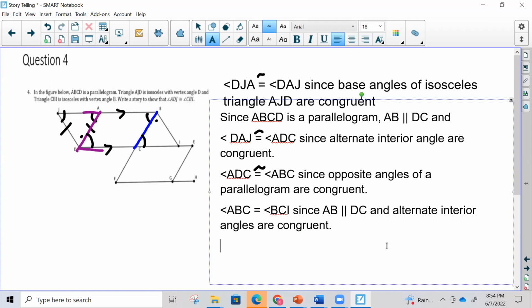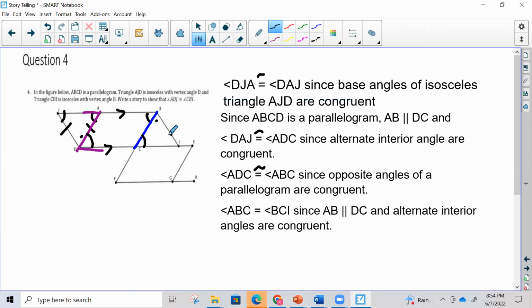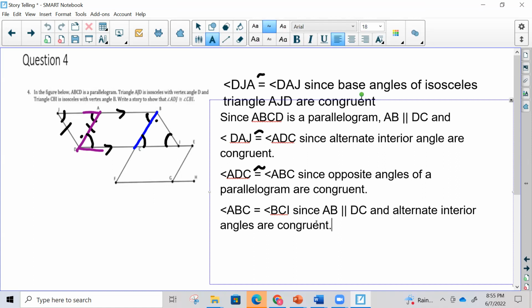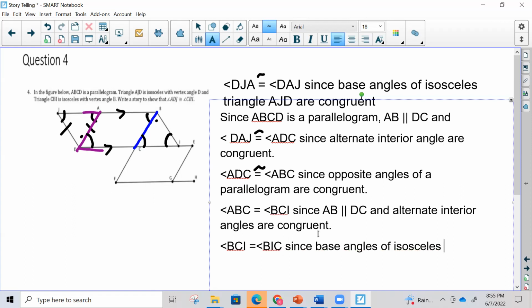Okay. And then kind of the last thing, I know that angle is equal to this angle because again, we have this isosceles triangle. They told us that triangle is also isosceles and the base angles are congruent. So angle BCI is congruent to angle BIC since base angles of isosceles triangle CBI are congruent.